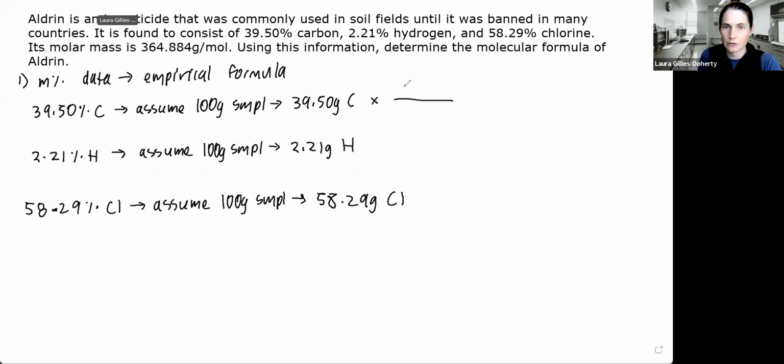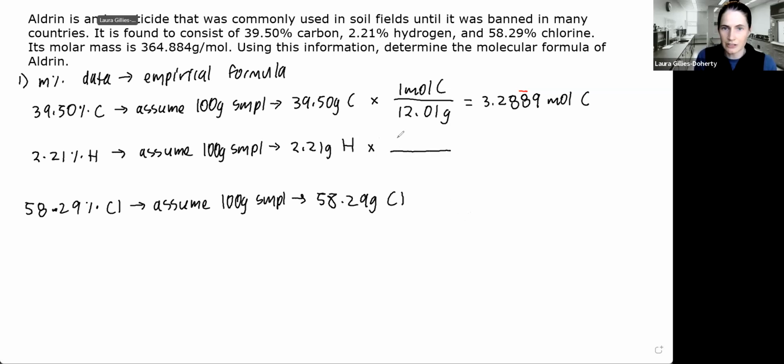We want to convert that to moles. So for every 1 mole of carbon, that weighs 12.01 grams. So we get 3.2889 moles of carbon, and I held on to an extra sig fig there. I should have stopped at 4, but I kept 5 just to make sure I don't make any rounding errors later.